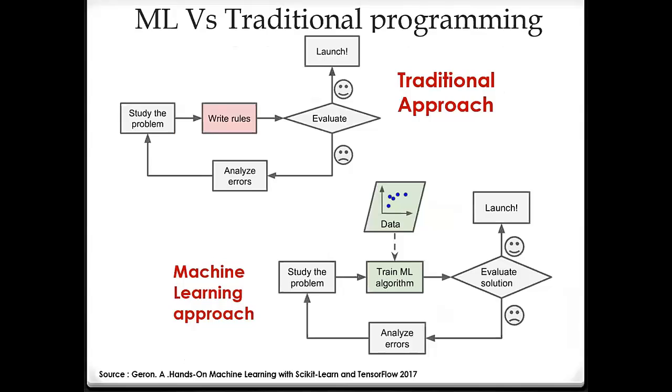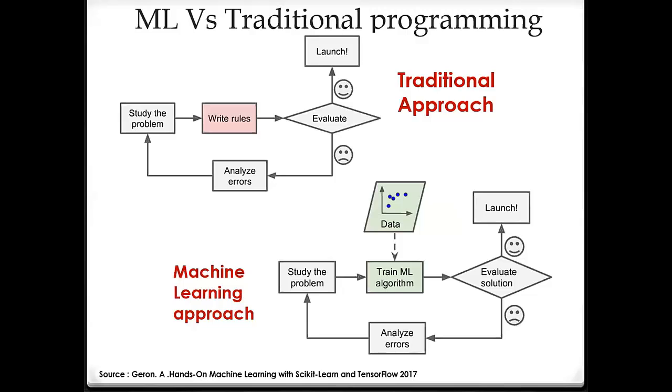It will be very easy, but for someone like me who doesn't have a computer background, or anyone out there in the audience, this is basically the difference between a traditional way of programming and machine learning approach.